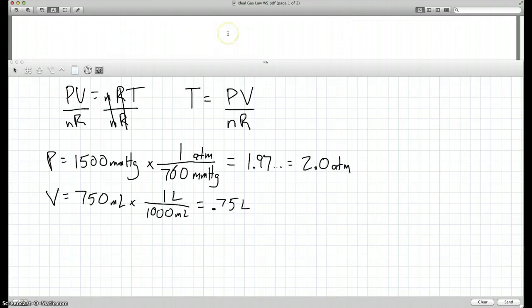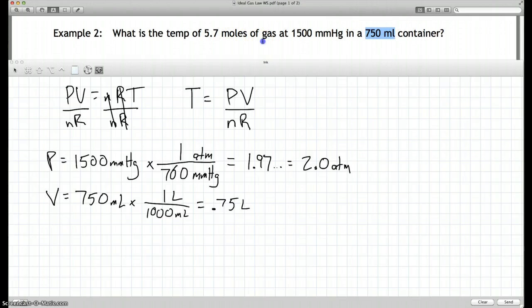Okay, so I'm making some progress here. I've got my pressure, I got my volume, I got N, which is number of moles. Yep, that's right here. So N equals 5.7 moles. And the last thing I need is R, and R is always the same number.